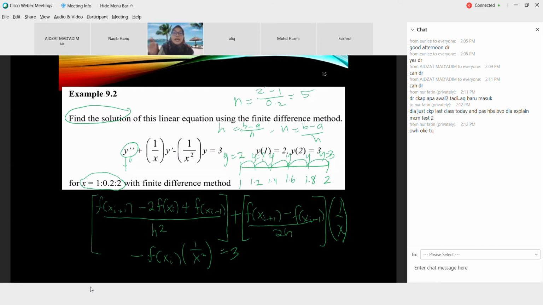Okay, SLE. So if problem statement only matrix 3 by 3, okay, don't use SLE manual method. So please directly use your own calculator for matrix 3 by 3. Everyone know how to use calculator, right? For matrix 3 by 3.